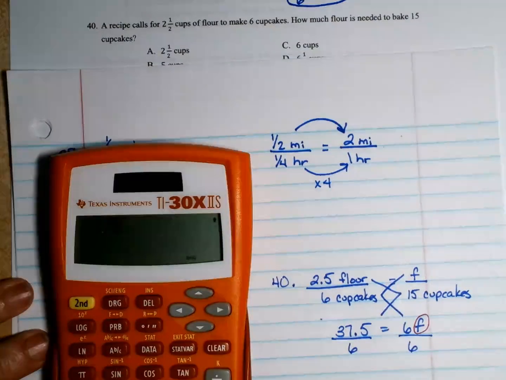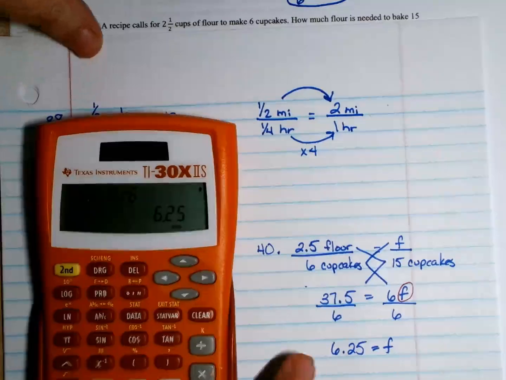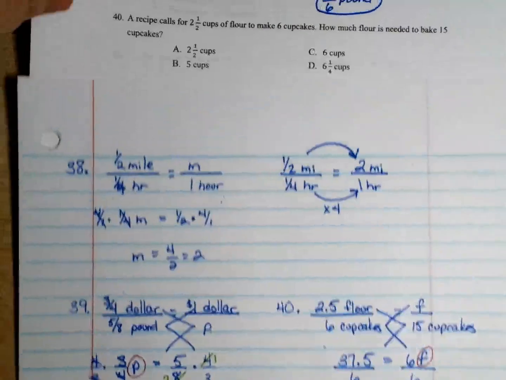So I have 37.5 divided by 5. Nope, not divided by 5. Let's try that again. 37.5 divided by 6 equals 6.25 equals F. Alright, so when I go back to my answer, I'm seeing that F equals 6.25.